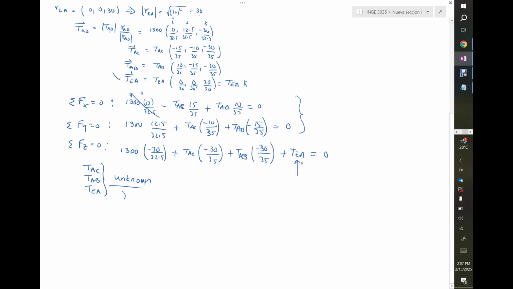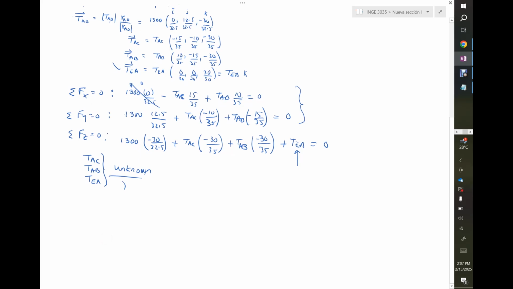Let's see. So for the first case, we got that TAC on the first equation must be equal, let's write it like this. If we take this to the other side, it's going to be positive. TAC 15 over 35 must be equal to TAB 10 over 35.